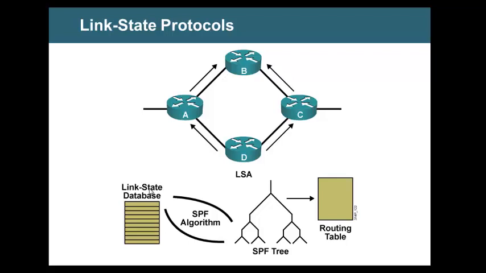Now this link-state database is referred to by the SPF protocol to find the best path to reach remote networks, far away networks. And then the route is elected and installed into the routing table.